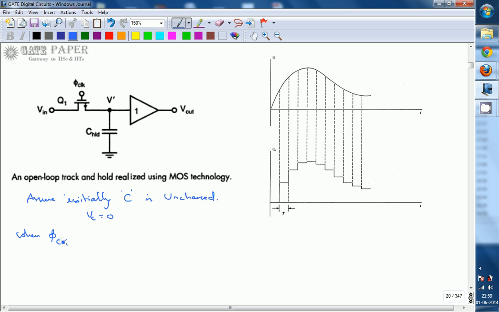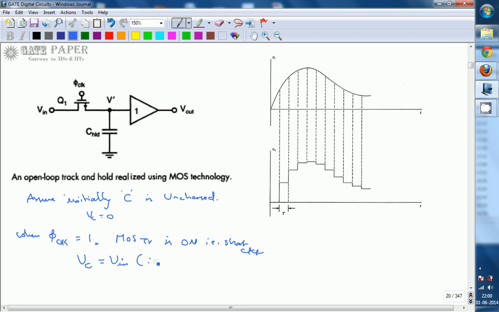When the clock phi is equal to 1, the MOS transistor is in the on condition, so it acts as a short circuit. Now the capacitor is connected to the input signal, so the voltage across the capacitor is ideally equal to V input.